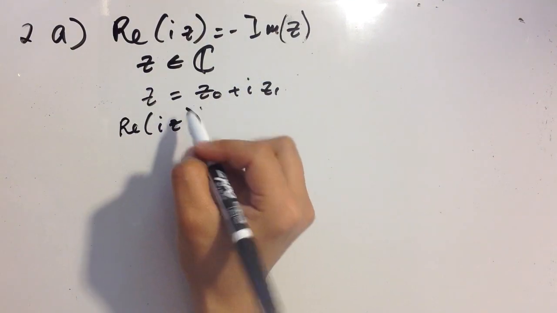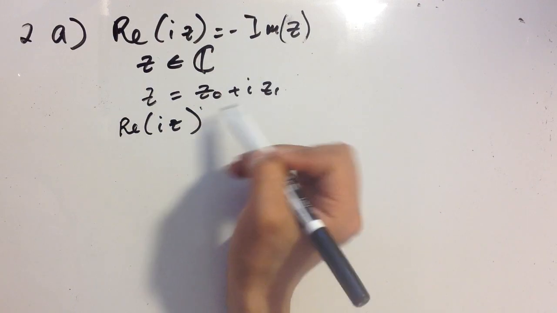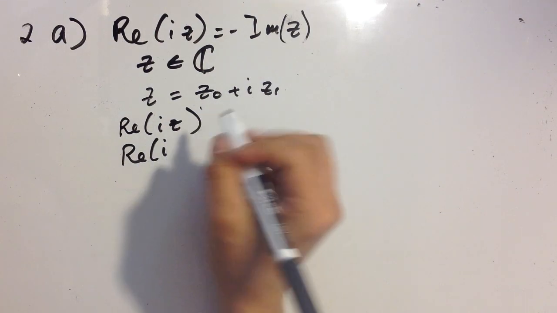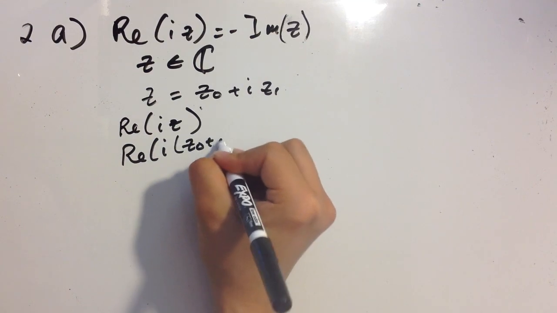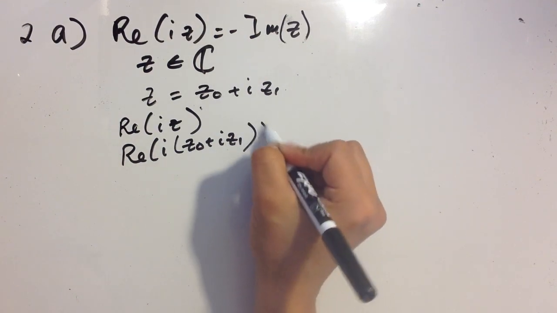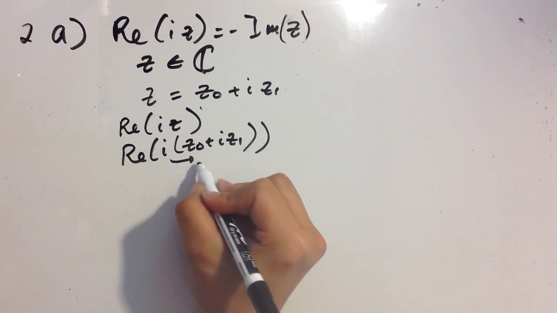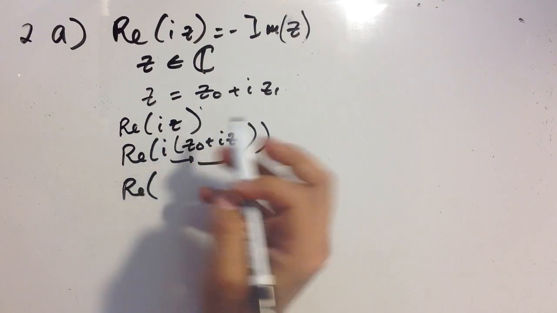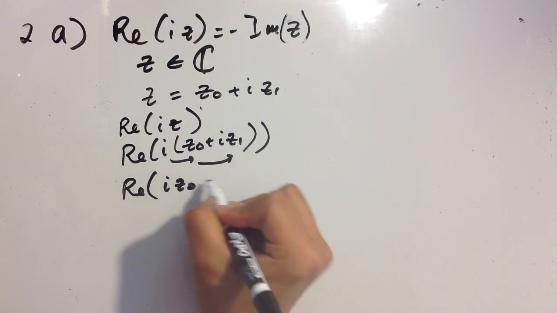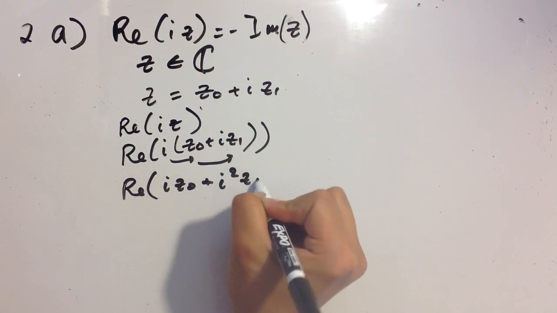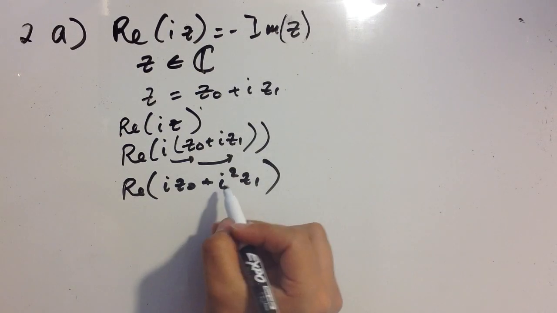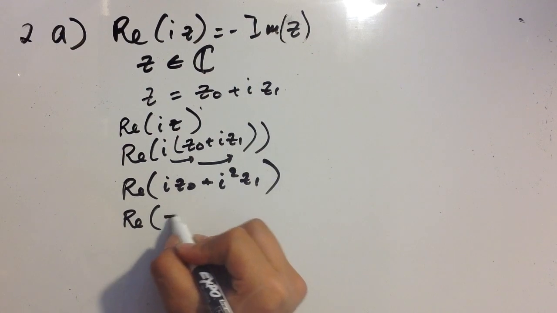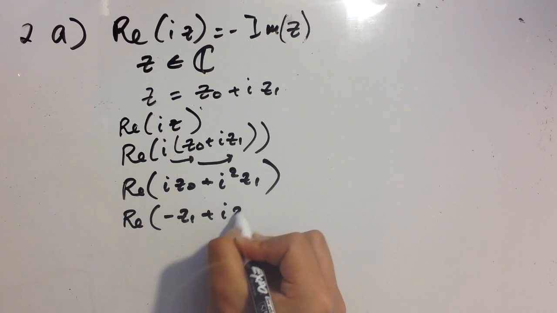So what I will do is plug this equation into z, so I get the real part of i z is equivalent to z0 plus i z1. Then multiplying through, I get i z0 plus i squared z1. In this case, i squared is minus 1, so I'm taking the real part of minus z1 plus i z0.